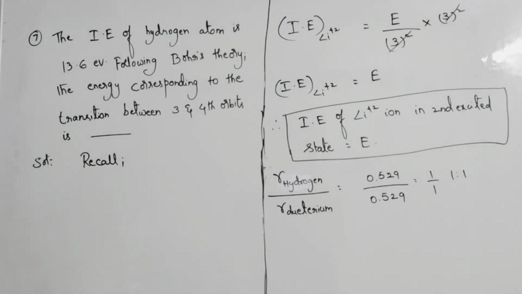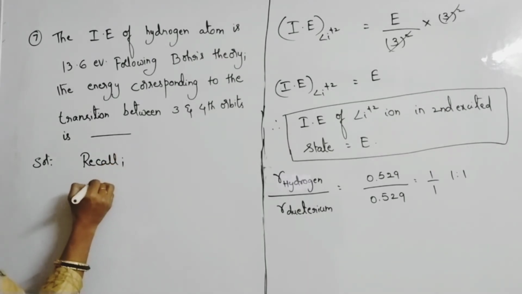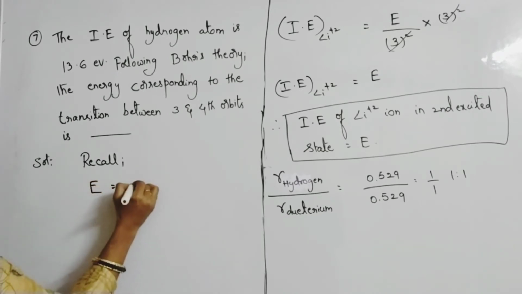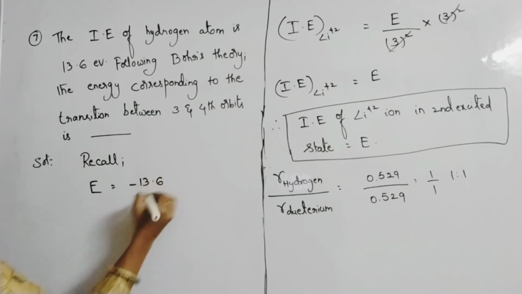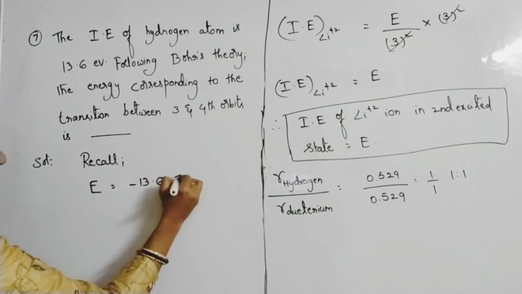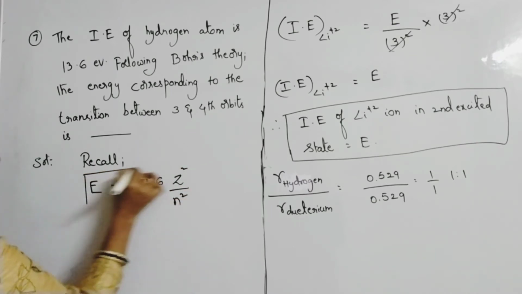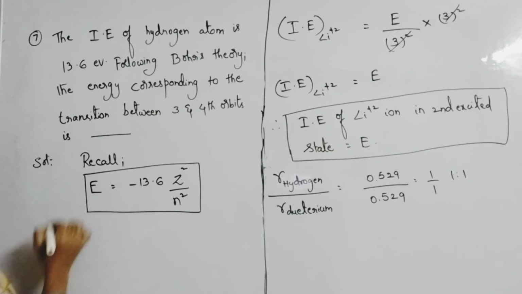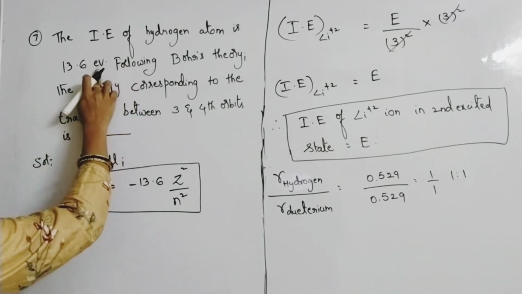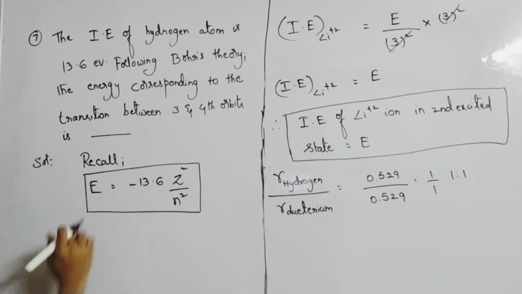Ionization energy is given by this formula. It is given in electron volts, so that is why we have taken 13.6 Z square by N square. You have to recall this.